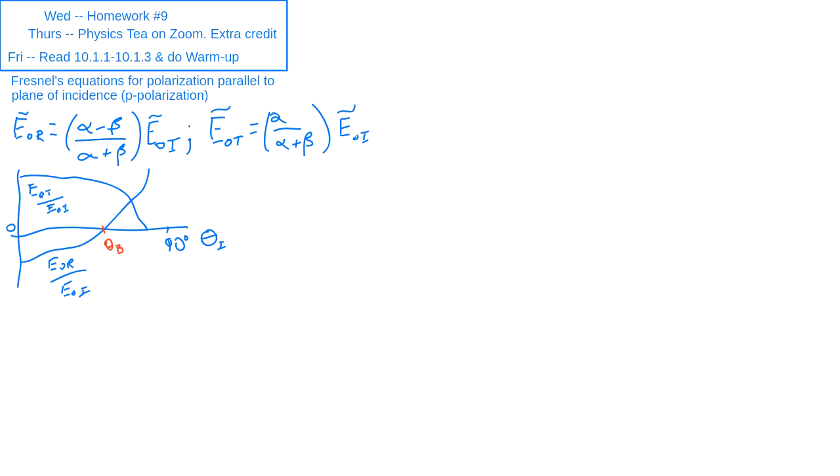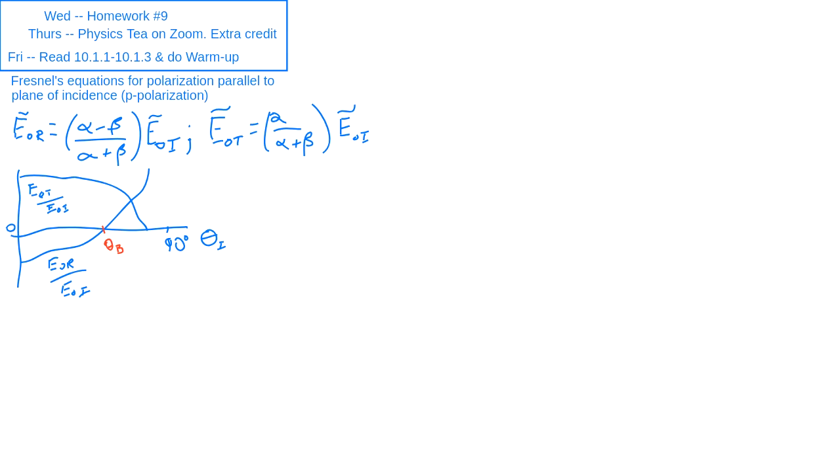And this was for light that's polarized in the plane of incidence, parallel to the plane of incidence. So these were the two equations we have. You can plot them as a function of the angle of incidence for a particular pair of indices of refraction. And that's part of your homework, to make a plot for an air to diamond interface, for example.